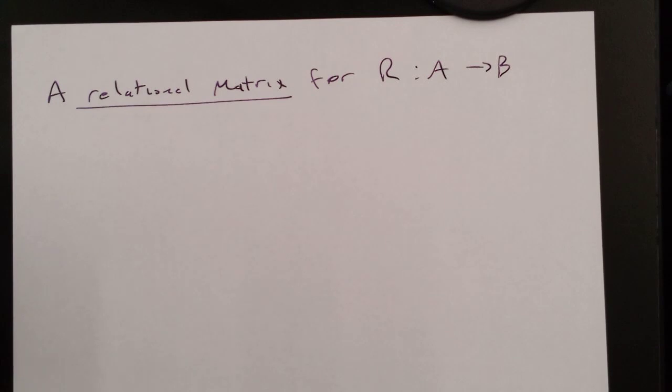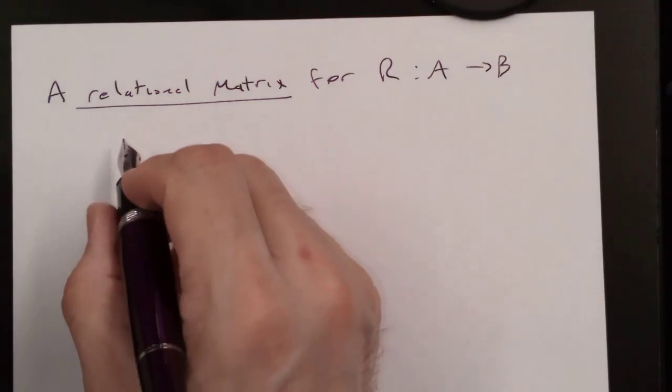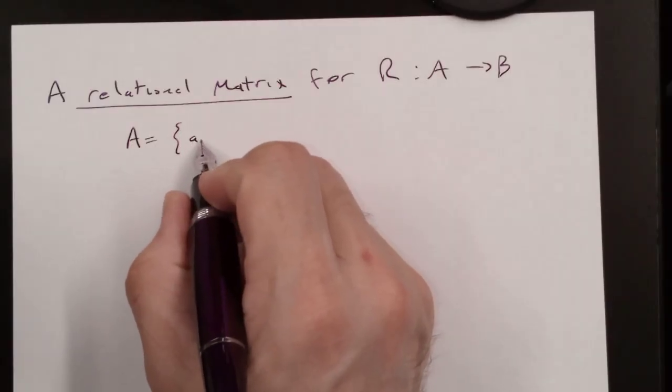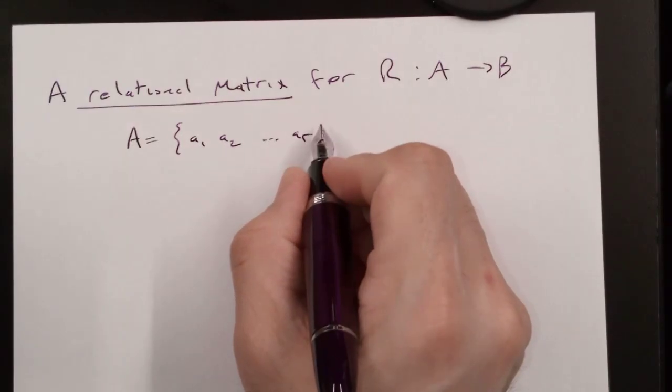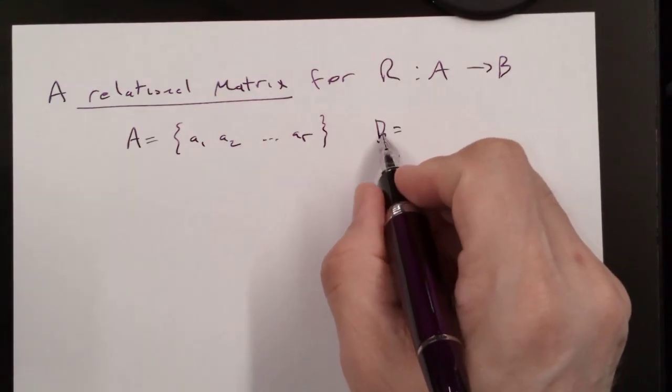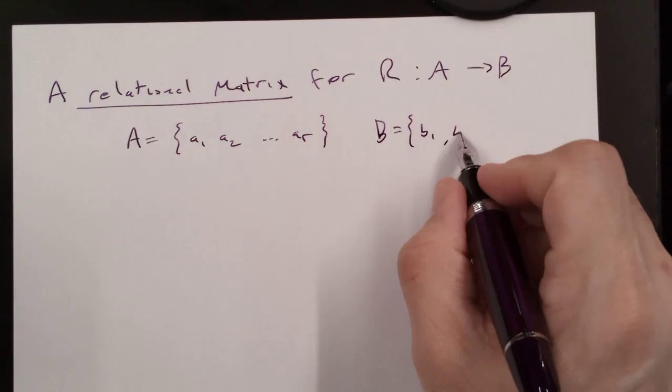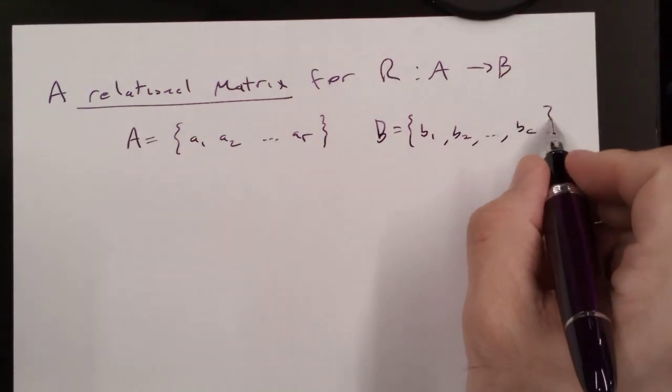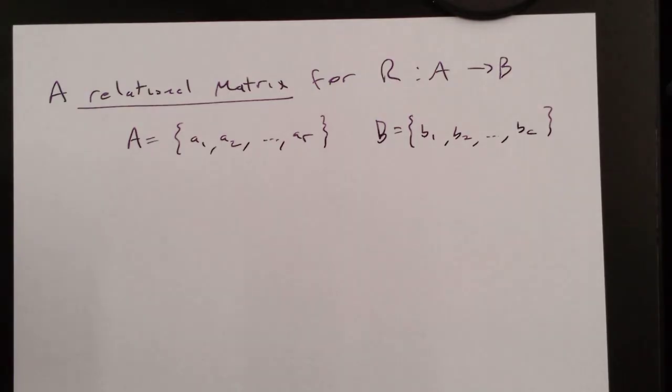I am going to have a certain number of elements in A and a certain number of elements in B. Now, frequently for a matrix I use M and N, but I have just replaced them by R and C.